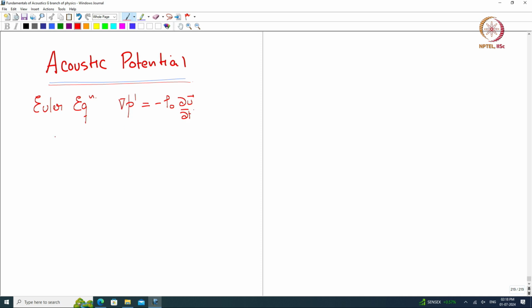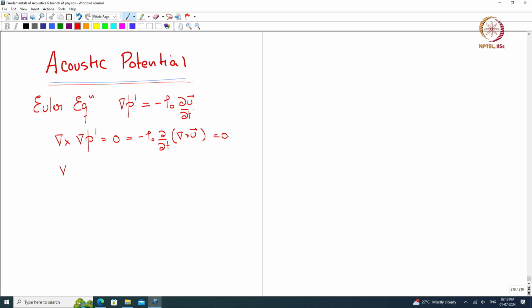Then if I do a curl of this, del cross del P dash, curl of a gradient being 0, I get minus rho 0, I will switch the operator in, del cross U, that is equal to 0.